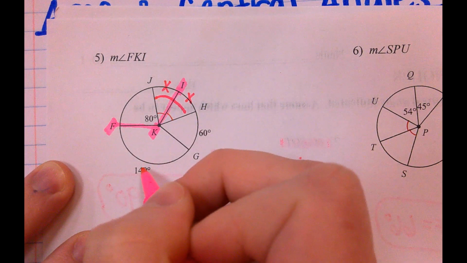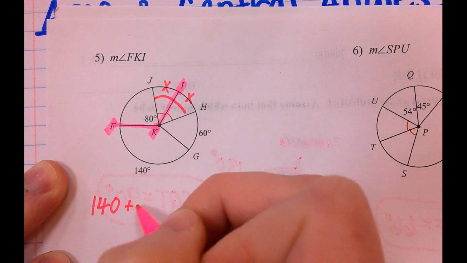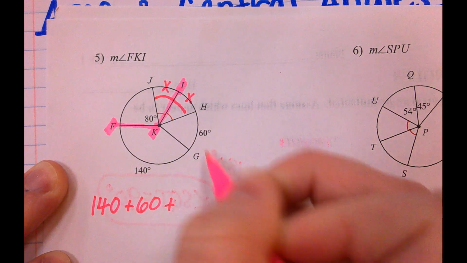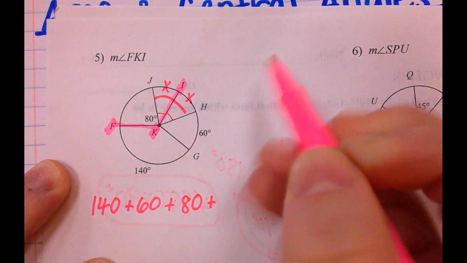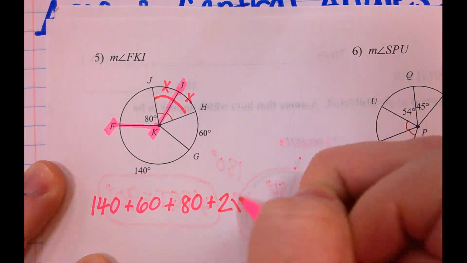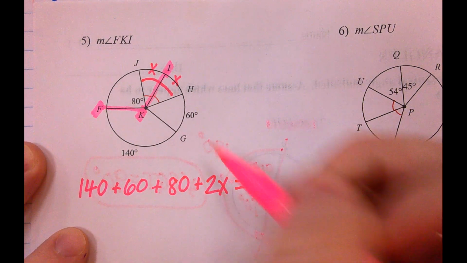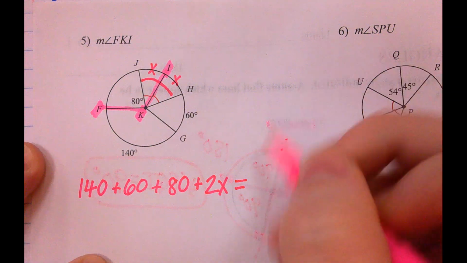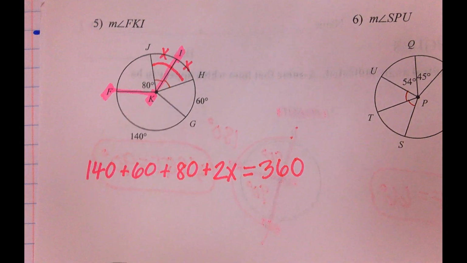So let's do 140 plus 60 plus 80 plus my 2 x's. And then all of that together equals 360 degrees.